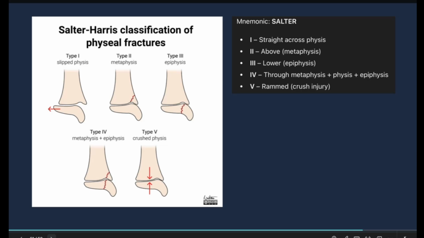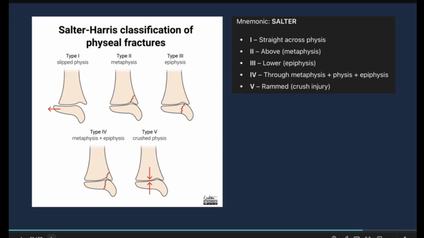So that is SALTER. Type 4 is through both metaphysis and epiphysis. And then type 5 is the most severe. That's an impacted or rammed fracture. So if you think of SALTER, then you can classify epiphyseal fractures in children in that manner.